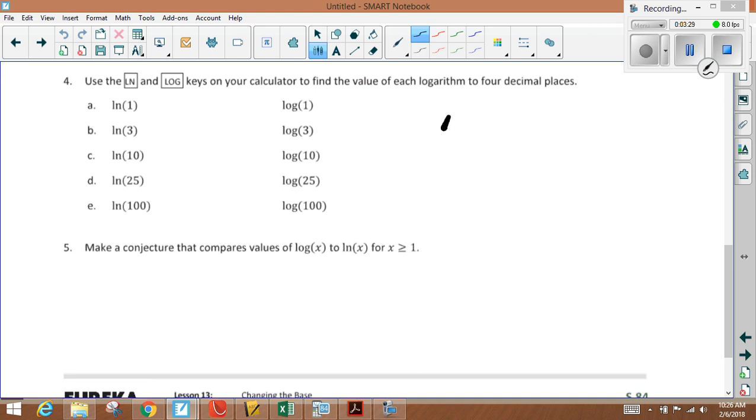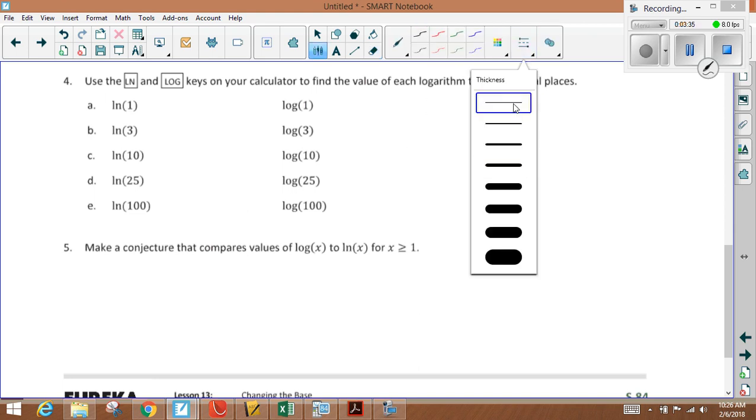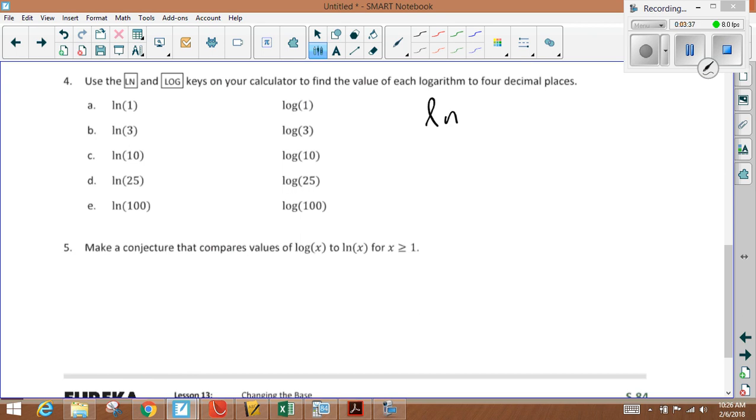So natural log of x, what that is, it's a shorthand way of writing log base e of x, okay?